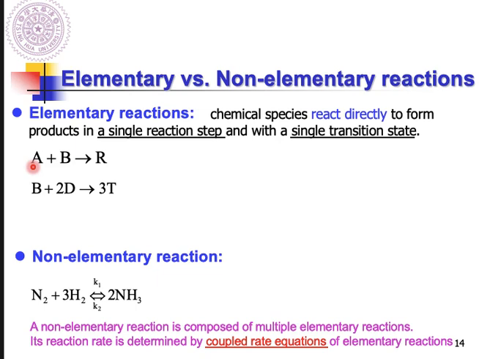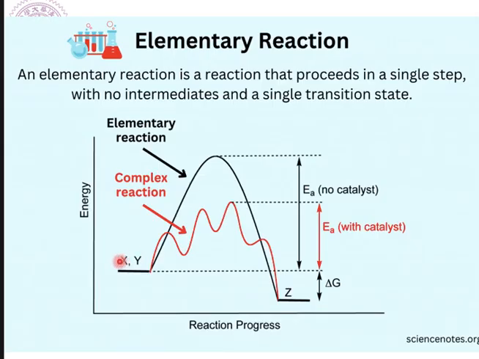So it means A reacting with B will directly generate R in this single reaction step, also with a single transition state. What's a transition state? It means you only have one energy barrier. So I grabbed some figures to demonstrate this. The vertical axis is energy as a function of the reaction coordinate.